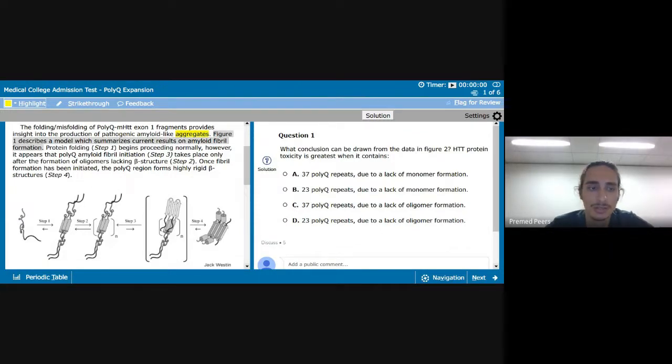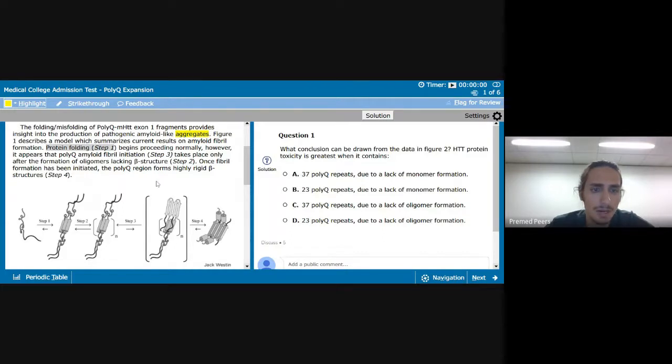I don't have to look at it yet. I just keep reading. Protein folding, step 1, okay, this one, begins proceeding normally. However, it appears that the polyQ amyloid fibril initiation, step 3, takes place only after the formation of oligomers linking beta structure, step 2.